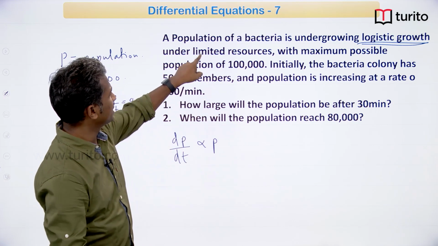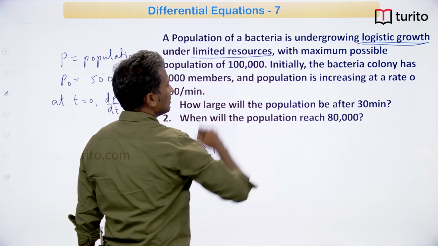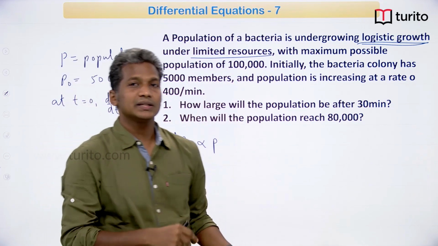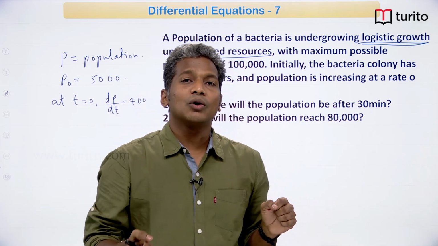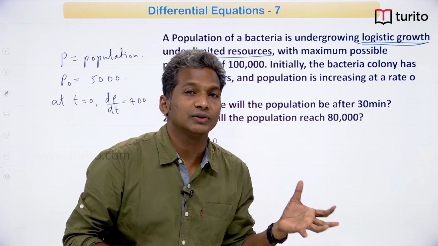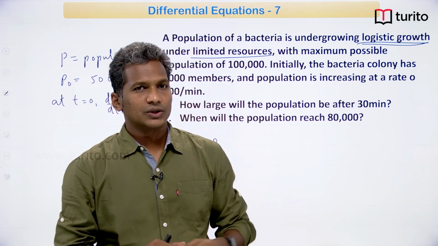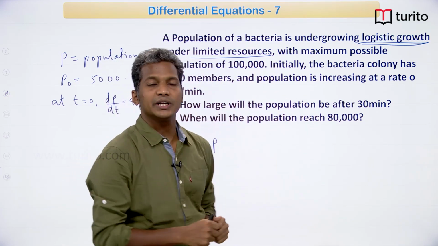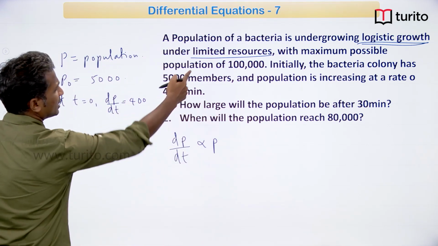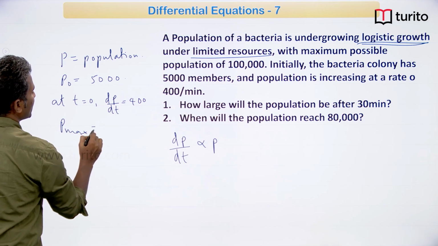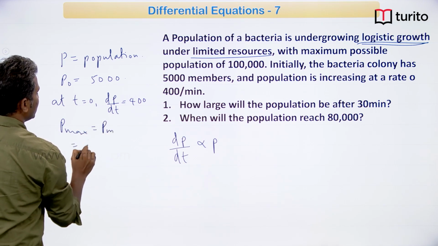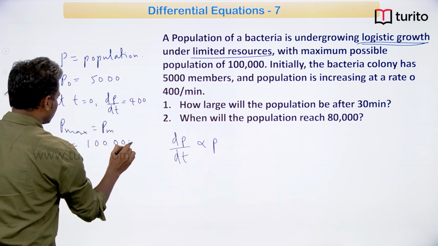Now let's look at this limited resources. What does this mean? This means we have to check whether the population growth is actually complemented by the supply of the food or not. Okay. So there is an upper cap of the limitation. If we take the upper cap as, let's say, P max or PM, we can take this as 100,000.